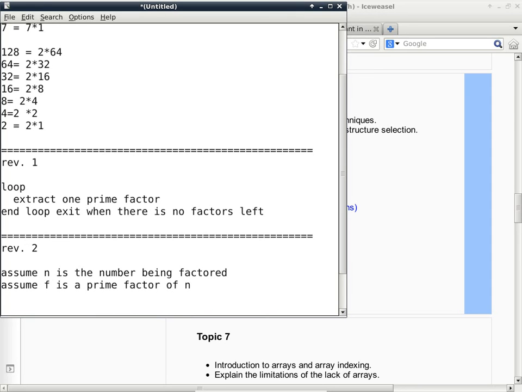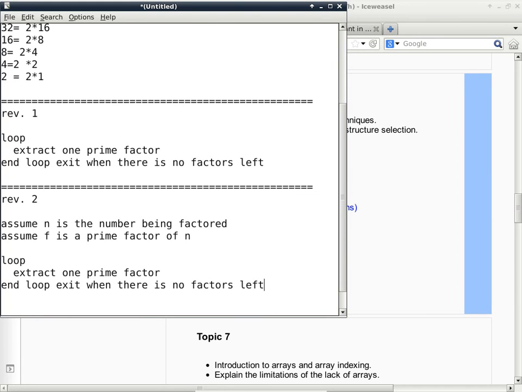That's all I'm going to use here. And then we can try to restate the loop using these terms. Can I change only this part here, where it said there are no factors left? How do I restate that once I have these terms?